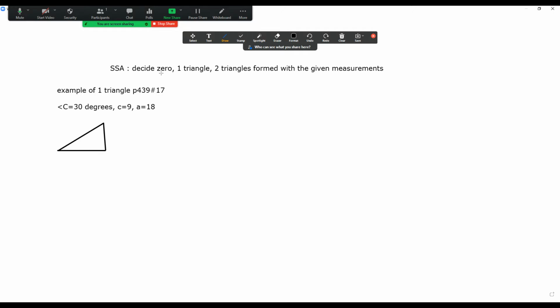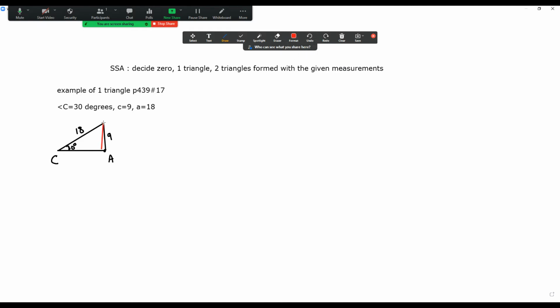So I drew the triangle, and as I mentioned in part 1 of the SSA videos, I like to put the given angle in the bottom left corner. This is angle C. Opposite side will be side C, which is given as 9. And I like to have the height, which I'm going to draw in a second, to decide how many triangles.